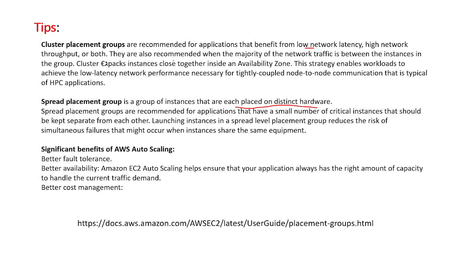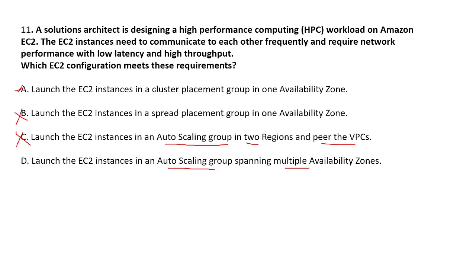They are also recommended when the majority of network traffic is between the instances in the group, and the cluster packs instances close together inside one availability zone. The strategy enables workloads to achieve low latency performance. So this looks like a much more positive and highly potential answer for our question. So I'm going to choose this one, not the others.